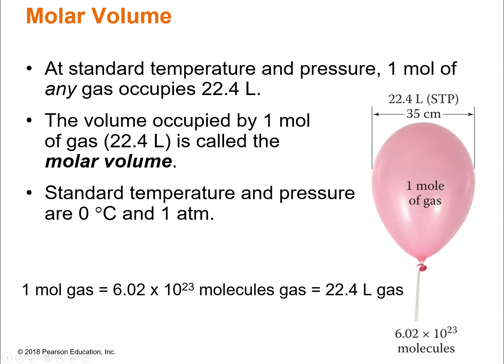So this next topic is molar volume. There's a set of conditions called standard temperature and pressure, where the temperature is 0 degrees Celsius and the pressure is 1 atmosphere. Standard temperature and pressure you'll also see abbreviated as STP. 1 mole of any gas at STP has a volume of 22.4 liters.